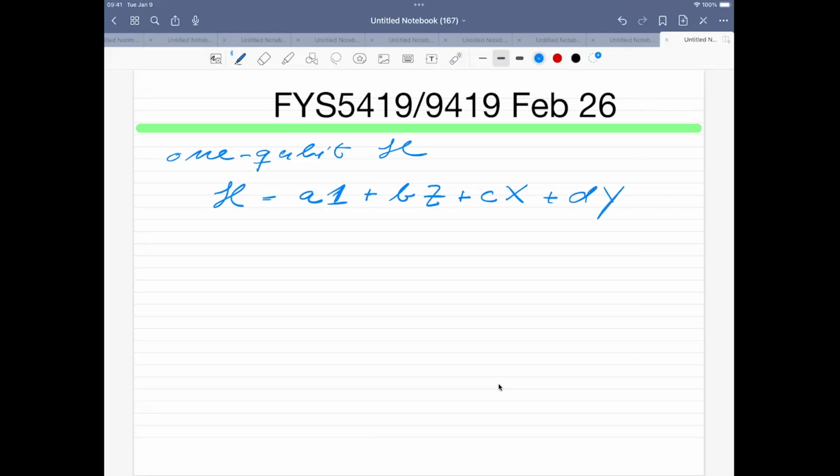So what we want is obviously the expectation value of this quantity, and that is going to be the expectation value of some state psi, and our psi will be a function of the different angles.